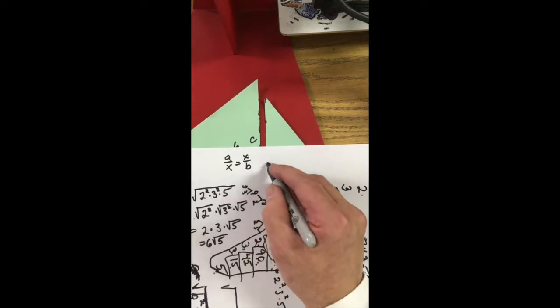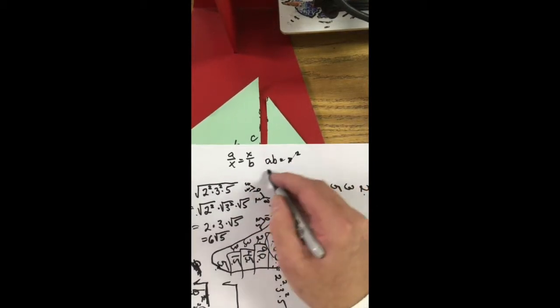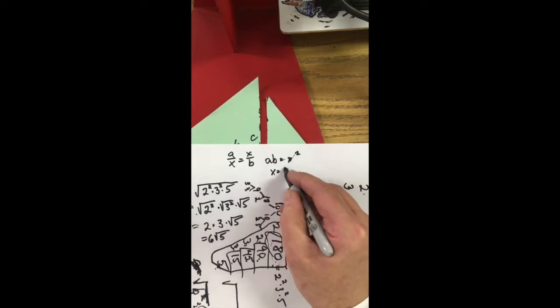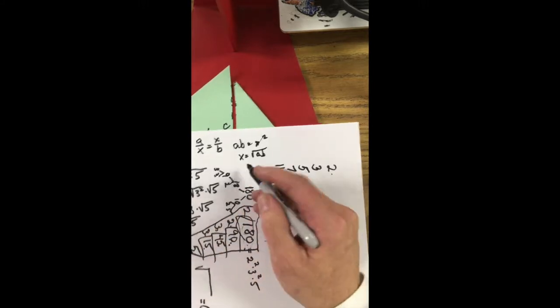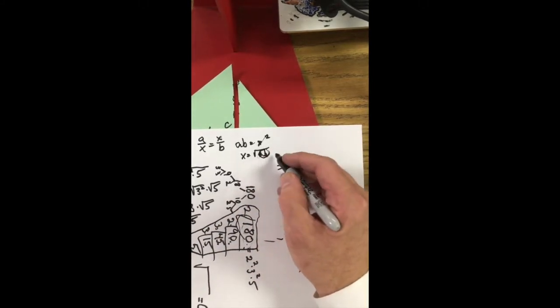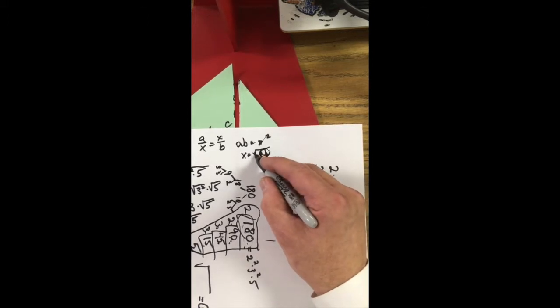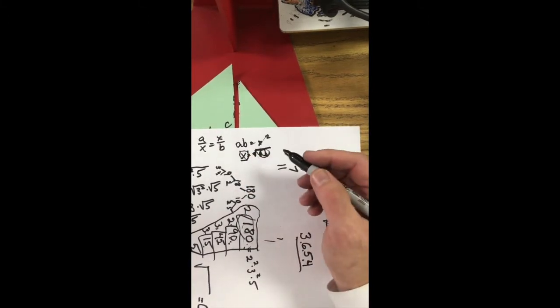But if you actually think about a times b is equal to x squared, and x is equal to the square root of a times b, what that really says is, if I take a times b and get the area of that rectangle, and then I try to make it into a square, the length of that square will be x.